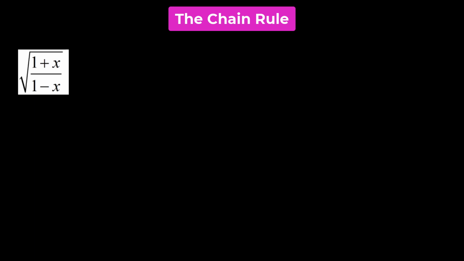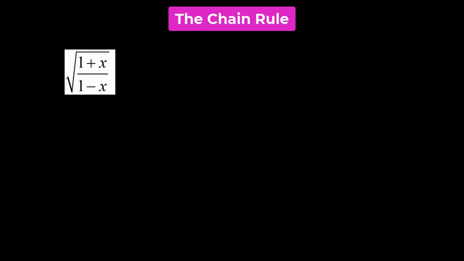So here we have the function square root of 1 plus x over 1 minus x. So we need to find its derivative with respect to x. What we're going to do here is make an assumption: let this function be equivalent to y.